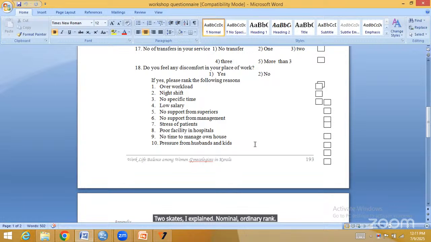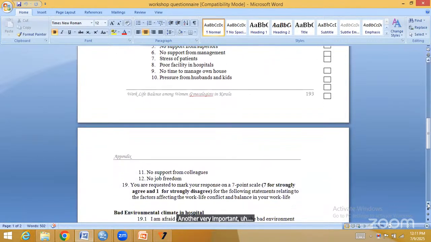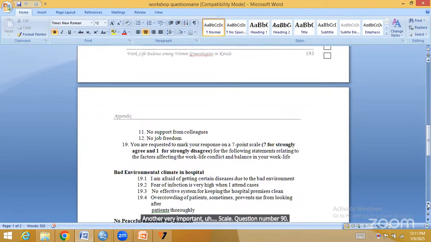Then another very important scale, question number 90. You are requested to mark your response on a 7-point scale. Maybe we can use 5-point Likert scale, 7-point Likert scale, maybe a 10-point Likert scale, whatever it may be. The scale means different levels.